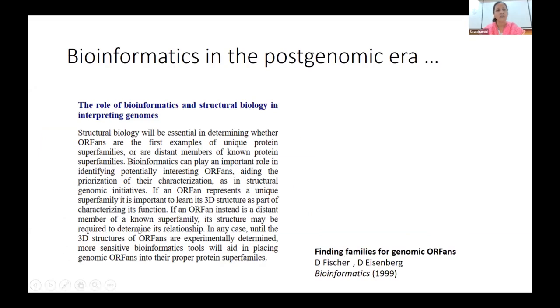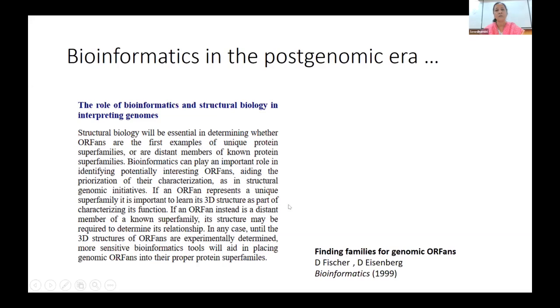One of the things that I've just picked up as an example, and there are going to be at least 2 dozen papers around that time, is this paper that appeared in the journal Bioinformatics, which says structures are required. Until the 3D structures of these orphans are experimentally determined, more sensitive bioinformatics tools will aid in placing genomic orphans into their proper protein superfamilies.